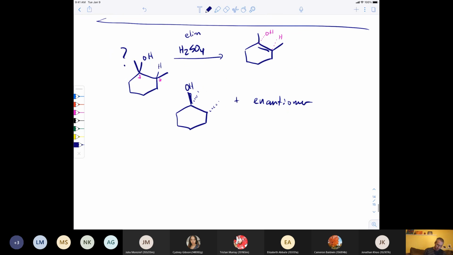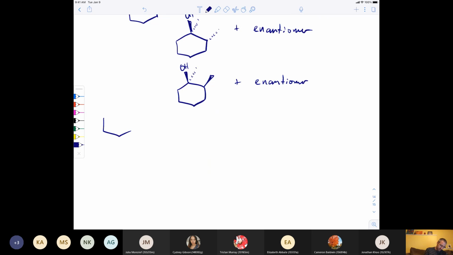The diastereomer will look like this, and it will also have an enantiomer. So there's 4 possible starting molecules that'll all give this as our major product.